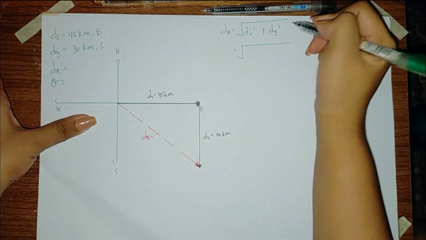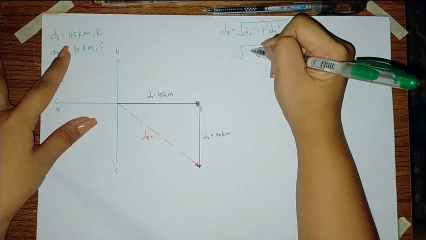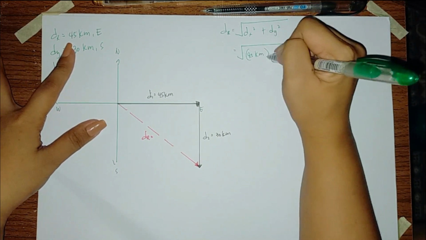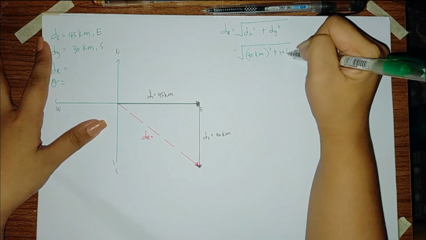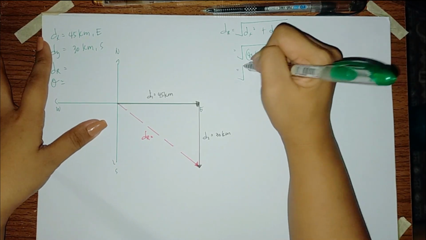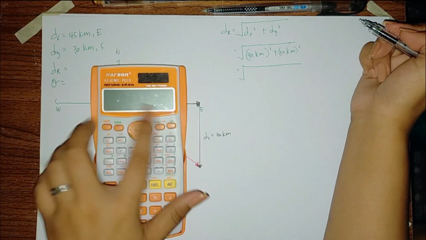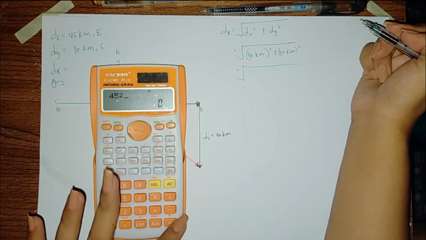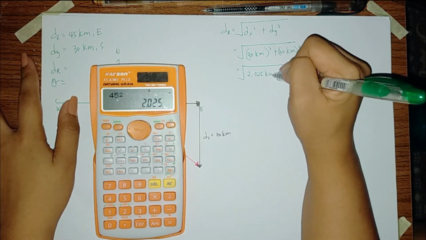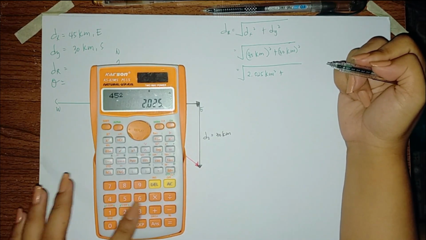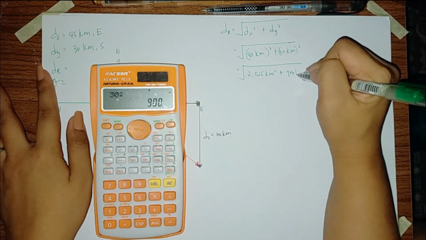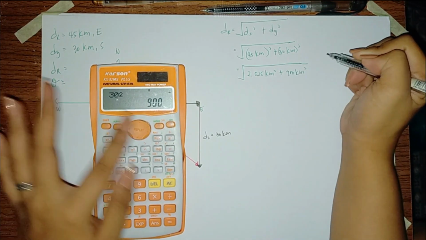Okay, so we have there, for our d sub x, 45 kilometers squared plus 30 kilometers squared. There, just simply square the values. We have 45 squared is equal to 2,025 kilometers squared plus 30 squared is equal to 900 kilometers squared.